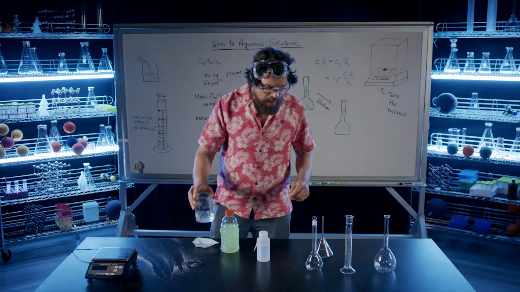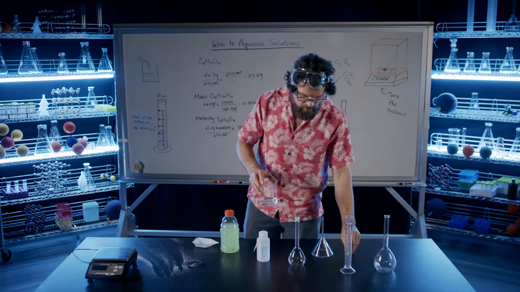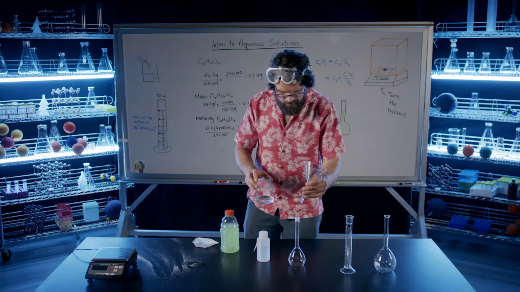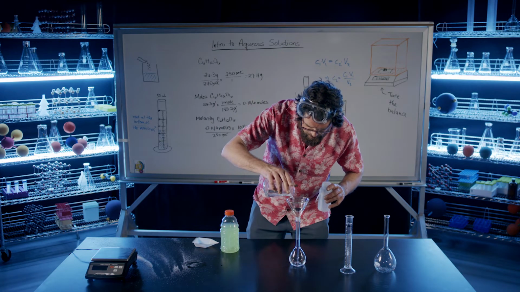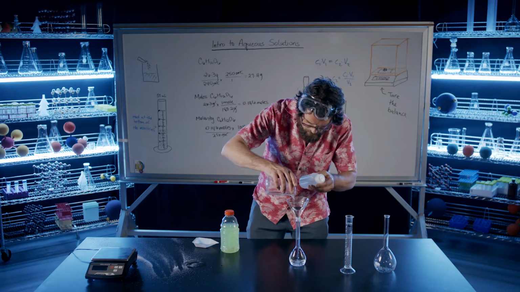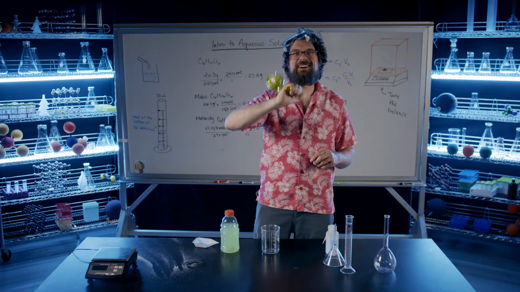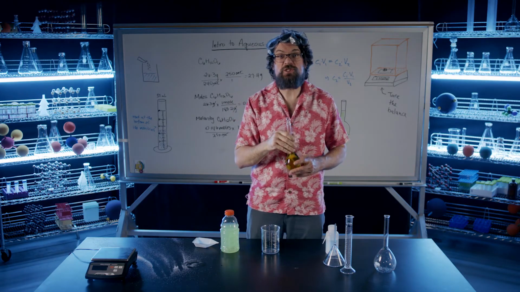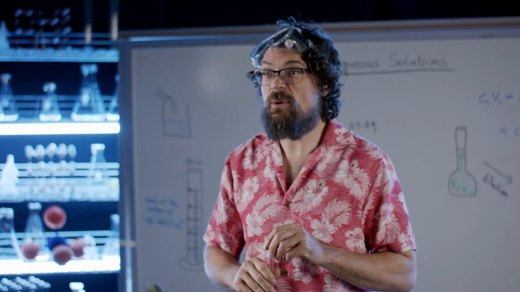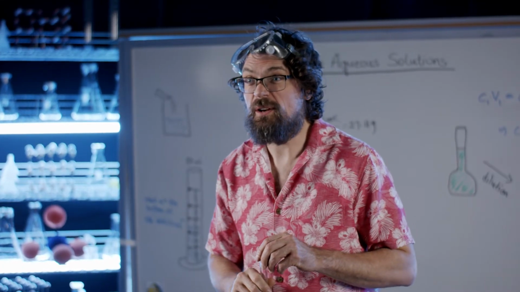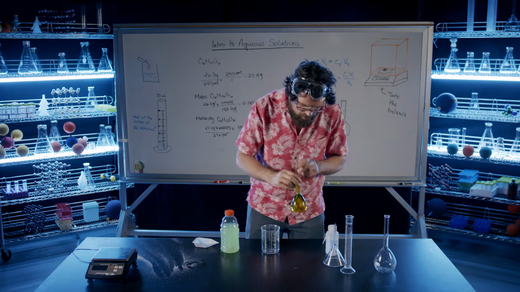All right, now I'll add this quantitatively to my 250 milliliter volumetric flask using a funnel. Voila! I've made 250 milliliters of a 0.608 molar dextrose solution. Note that the electrolytes, coloring, and flavoring have also been added.